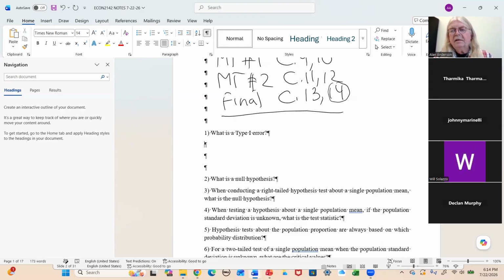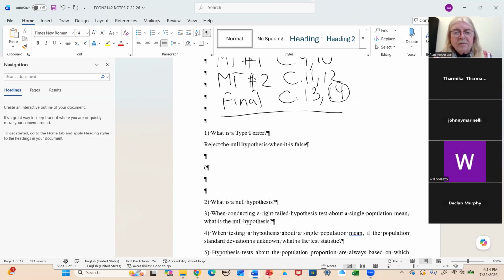With a type 1 error, this means reject the null hypothesis when it is false. And I'll put in parentheses, even though they didn't ask about this, a type 2 error means to fail to reject the null hypothesis when it is false.